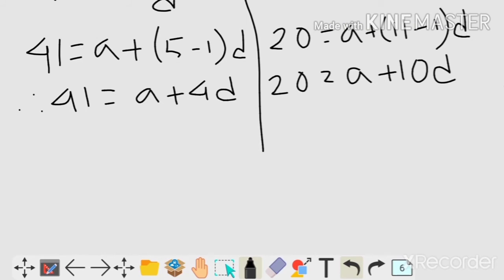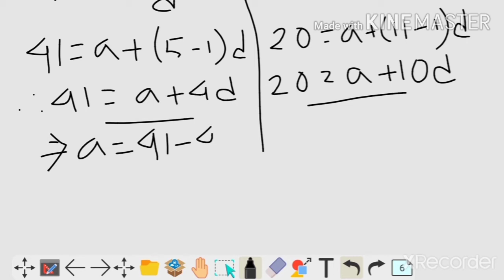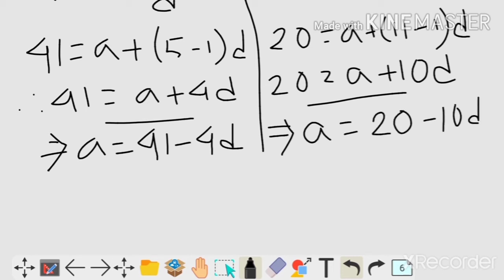Now we'll solve these two equations to get the value of D. So how do we solve this? From the first equation we get A equals 41 minus 4D. Similarly, from the second equation we get A equals 20 minus 10D.